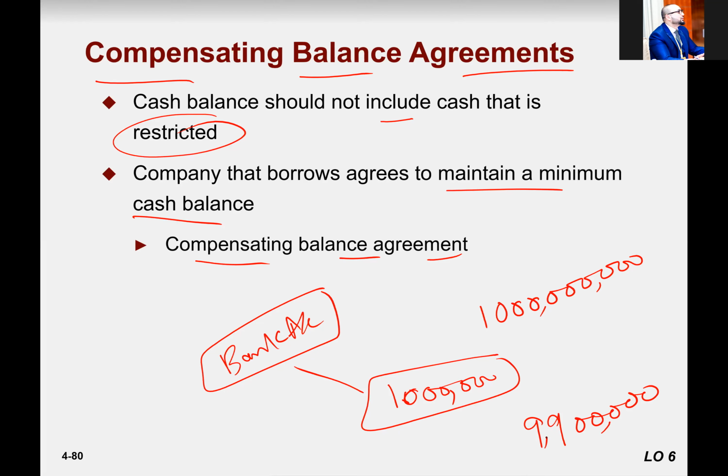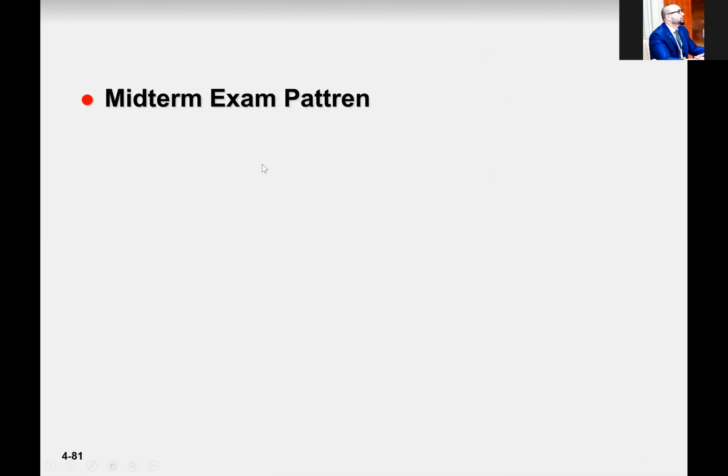We cannot use the full amount. We can only use $9.9 million. So that $1 million amount, which is restricted, we call that compensating balance. So that is not a part of our use, our decision making, right? So how are we going to treat that one?